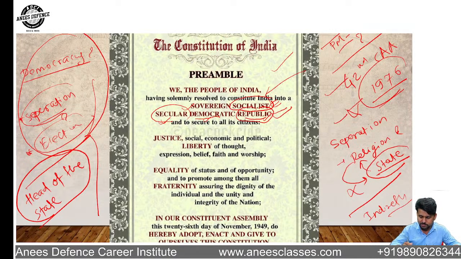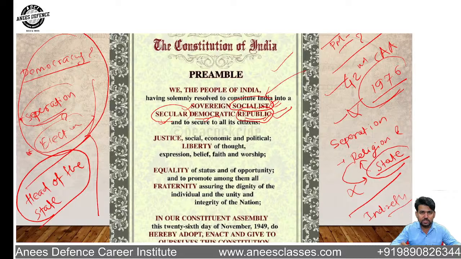So if I give you two statements, the first is whether every democracy is a republic, and the second is whether every republic is a democracy, which statement do you think is correct? Every democracy is a republic.